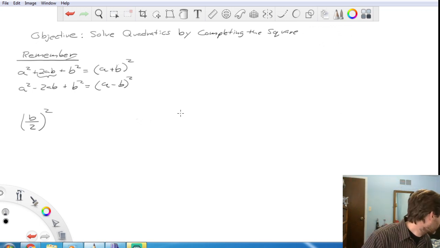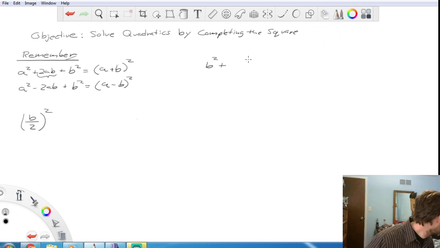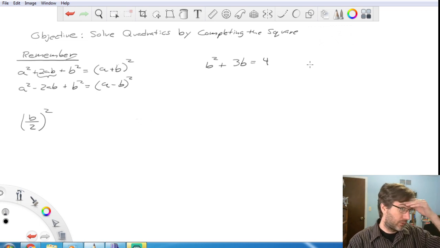So looking at a problem, I'm actually just going to pick the first one out of your book here. b squared plus 3b, actually I'm changing it a bit, equals 4. I'm going to do it that way.